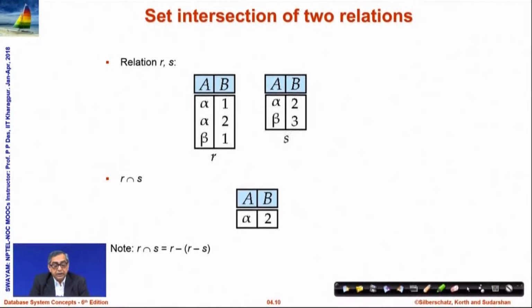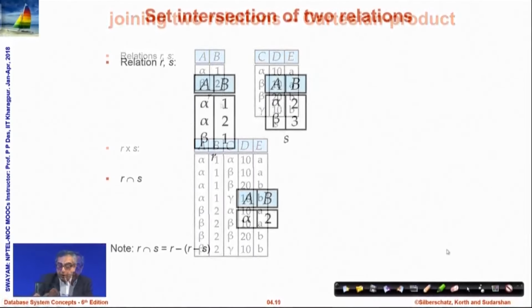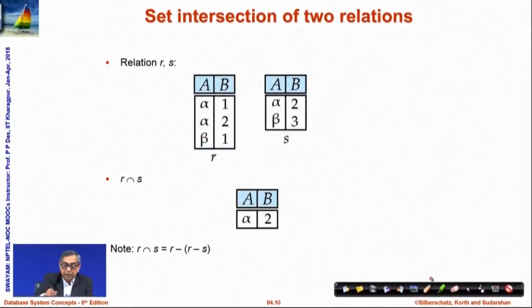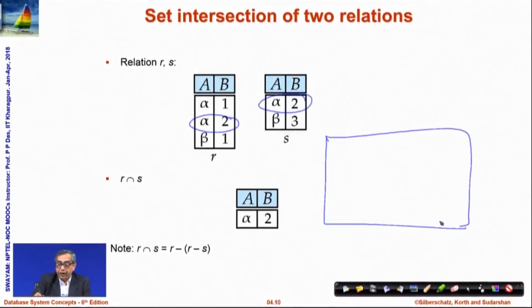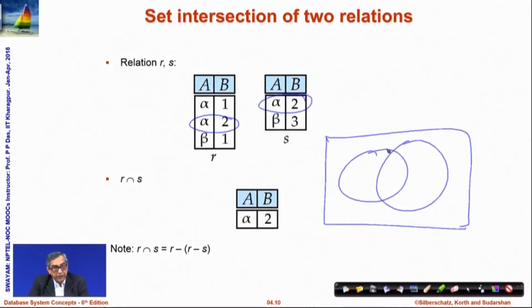Fifth is the set intersection of two relations. Again, the two relations need to have the same set of attributes. You can take their intersection, which is the record that belongs to both of them. As you are aware, set intersection actually is not a new operation.